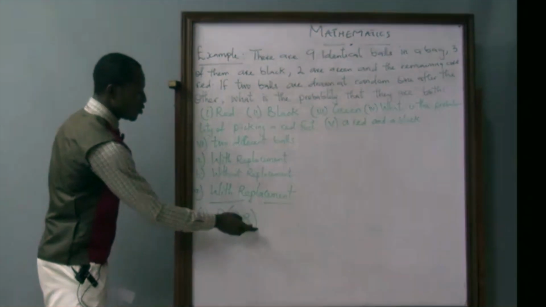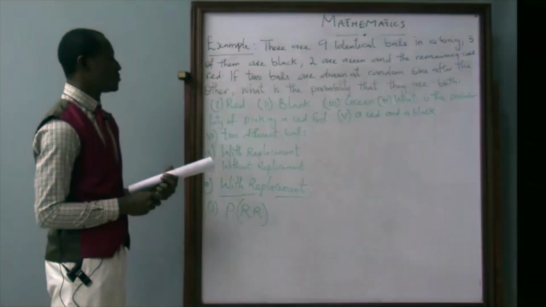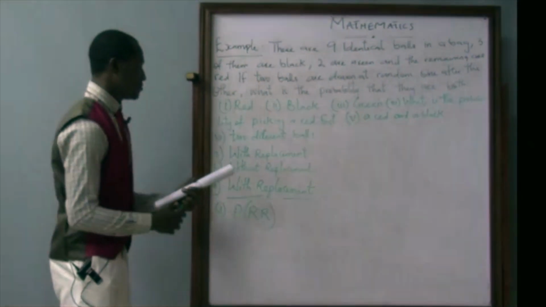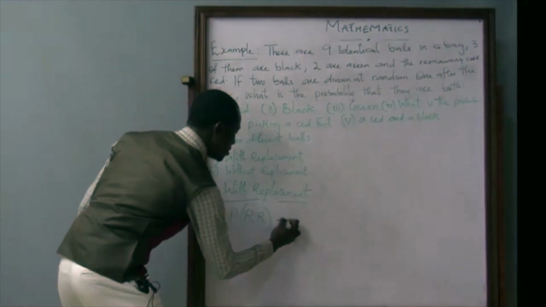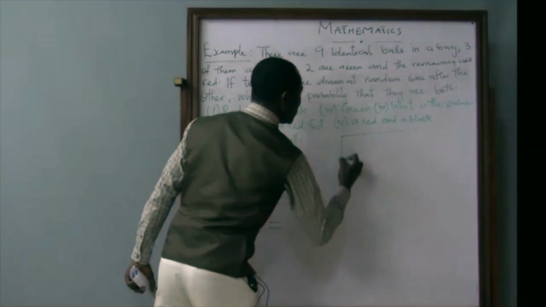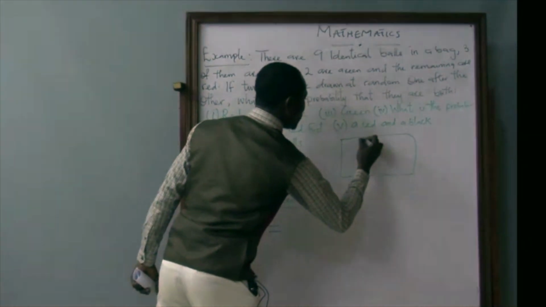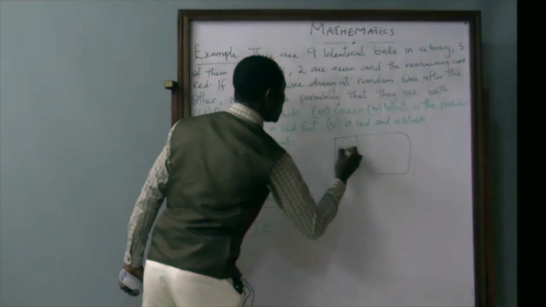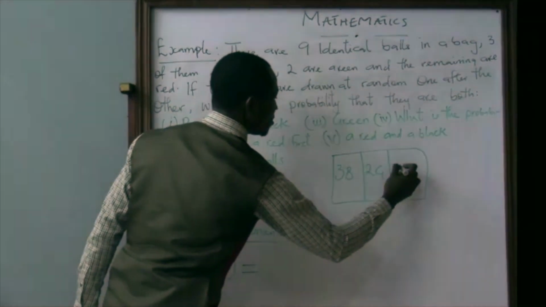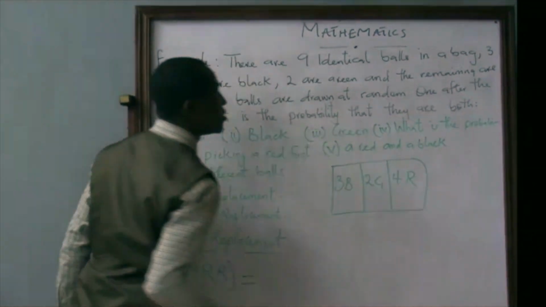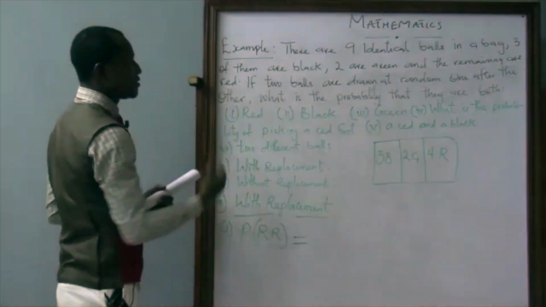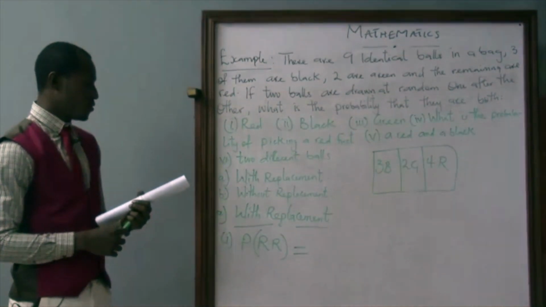So we pick 2 red balls. That means I'm picking a red and a red. That will give me the probability of picking a red ball. Don't forget the bag: we have 3 black, 2 green balls, and 4 red. Since they said the remaining are red, 2 plus 3 is 5, subtracted from 9 gives us 4.